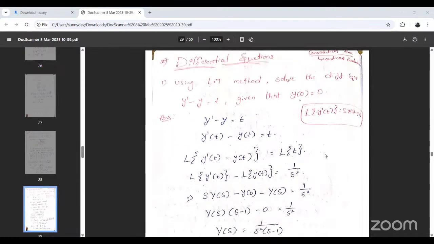So the next topic is differential equations. Here the differential equation topic.